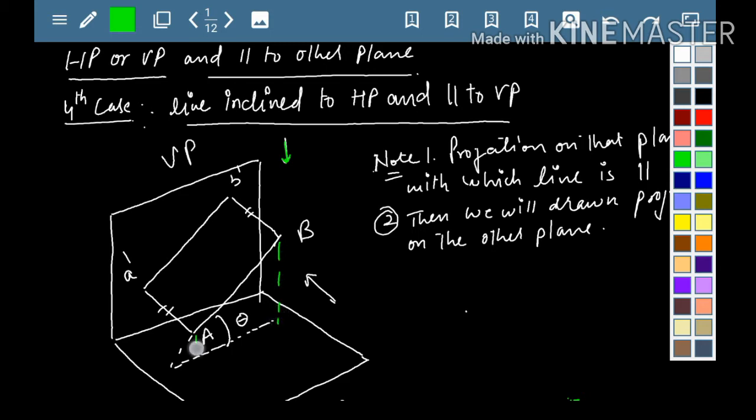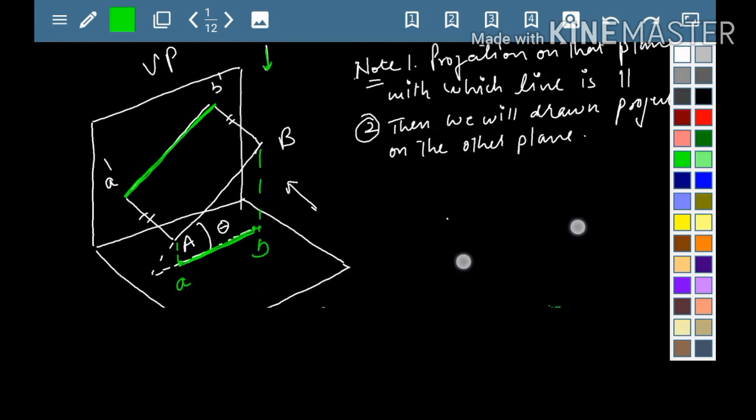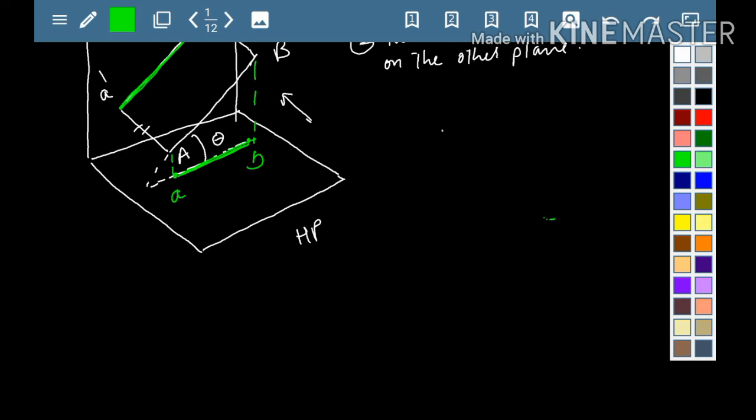So this would be A and this would be B. This is the projection on the HP and this is the projection on the VP. Is it clear?